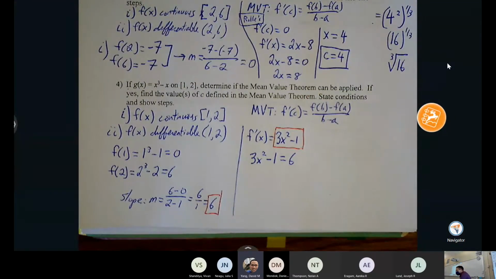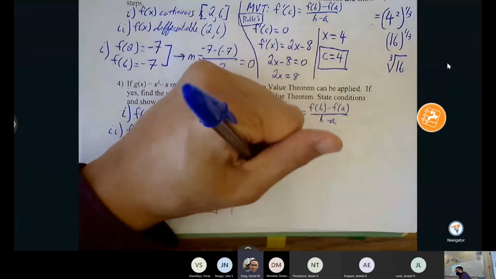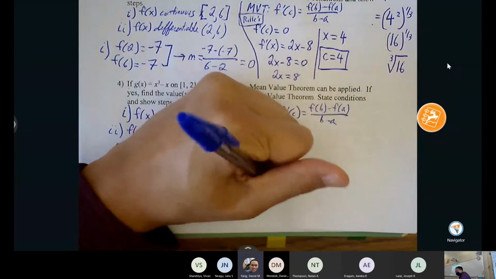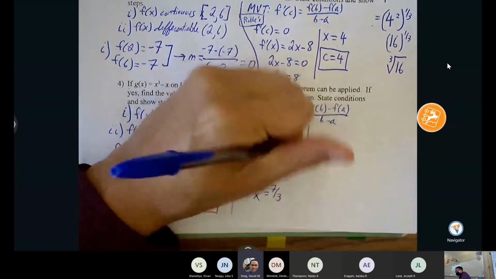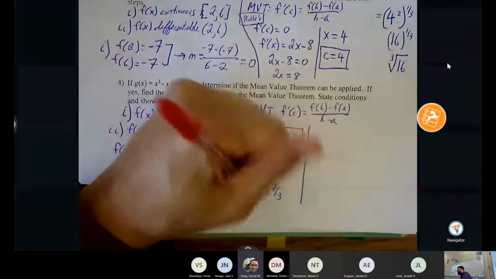Solve for x. Take the square roots, plus or minus.